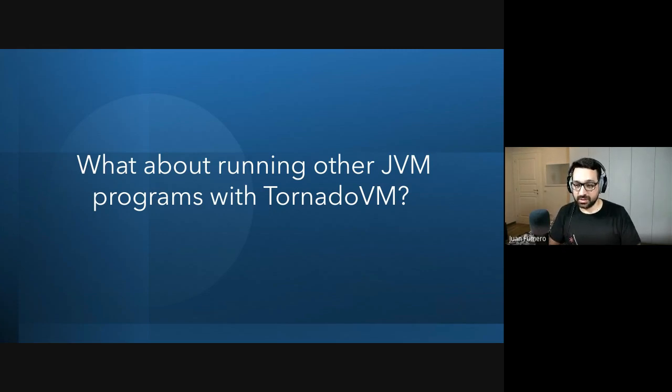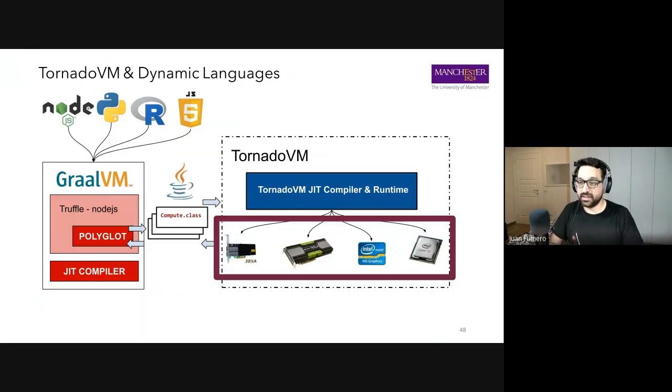So let's talk about key features of TornadoVM if we have time. One of the features is the ability to run dynamic programming languages, not just Java, but other programming languages, for example Python or JavaScript. In fact, what we do is have the code expressed with Java and Tornado and invoke it from a language implementation for GraalVM, like, for example, JavaScript.